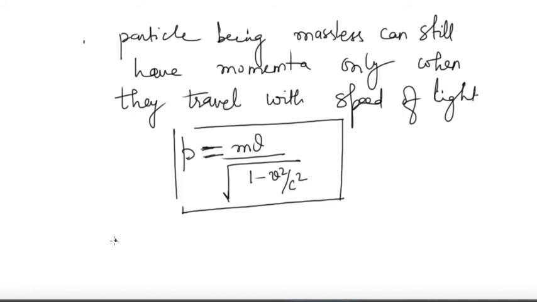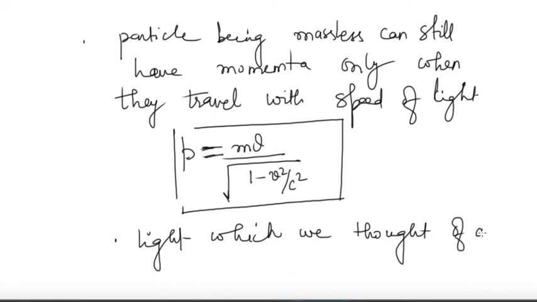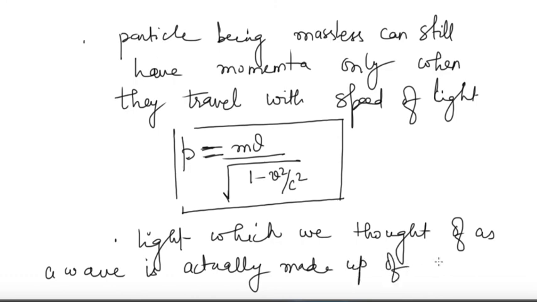So now I got a very nice result, that light, which we thought of as a wave, is actually made up of photons, whose energy is E equal to h cross omega and momentum is h cross k.